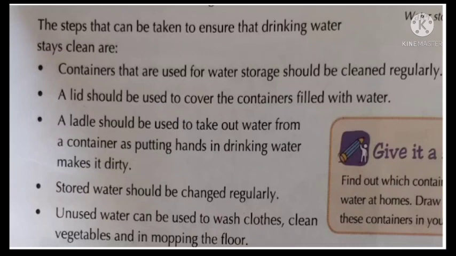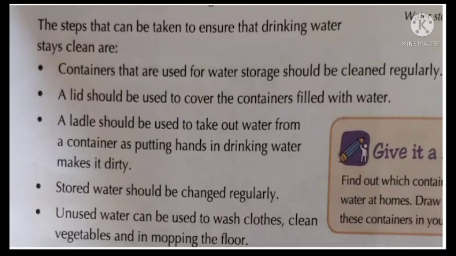Now the steps that can be taken to ensure that drinking water stays clean, because it is very important that drinking water should be clean. So how can it be kept clean? First, containers that are used for water storage should be cleaned regularly. A lid should be used to cover the containers filled with water.